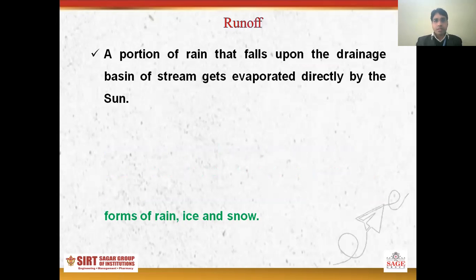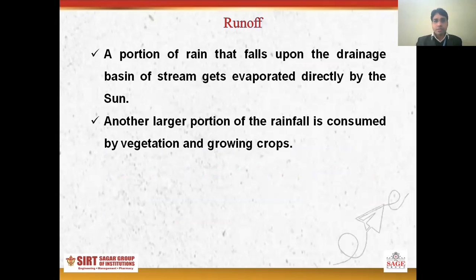Second term is runoff. Runoff means the portion of rain that falls upon the drainage basin of the stream. Part of it gets evaporated directly by the sun. Another larger portion of the rainfall is consumed by the vegetation and the growing crops. Some water percolates into the ground.